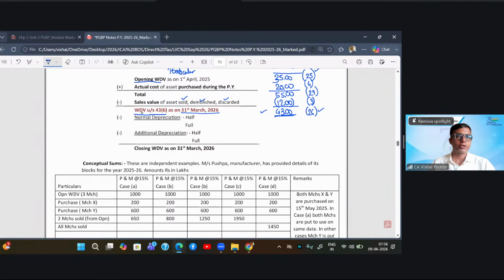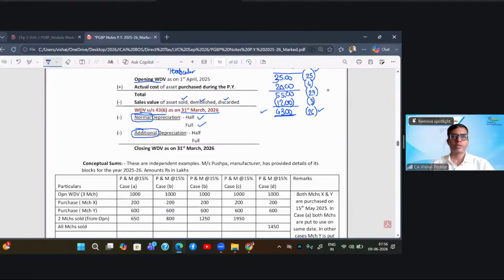Within depreciation, there are two depreciations, normal or regular, and there is one special depreciation called additional. Before I tell you the difference, for the time being keep additional depreciation aside. So normal depreciation, you have to compute in two parts, as you can see, half and full.